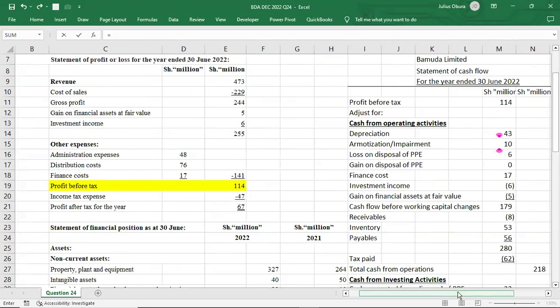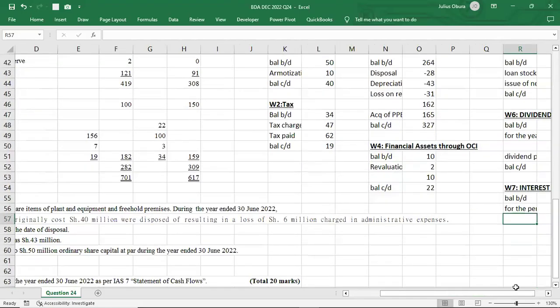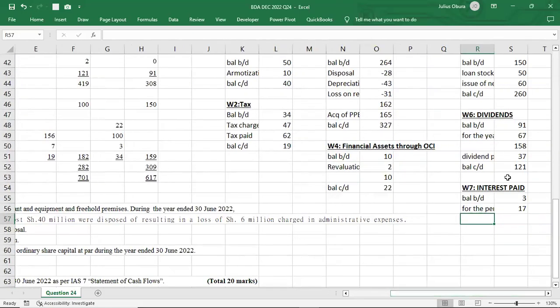The finance cost is our interest. We have 17 during the period. So at the beginning we had an interest of 3, then during the period 17, which means we should be closing with 20.